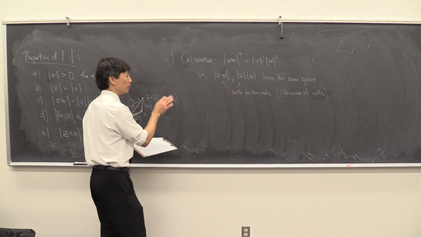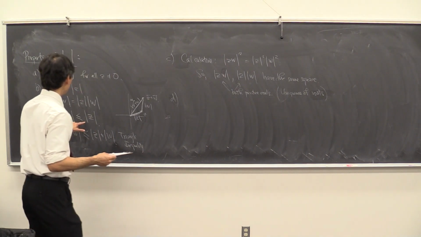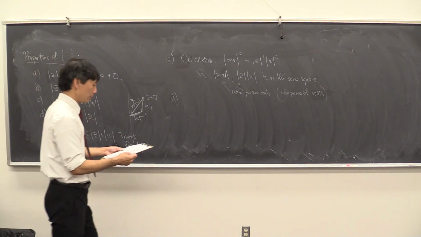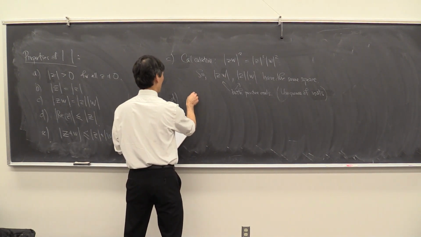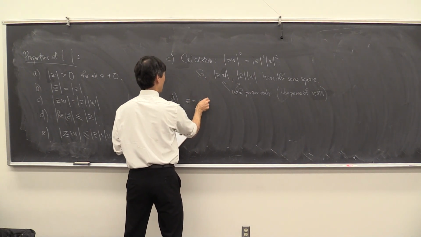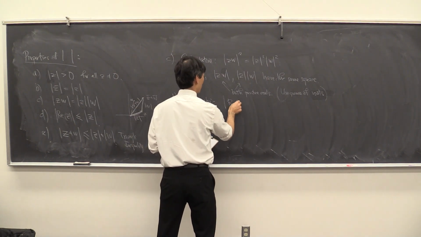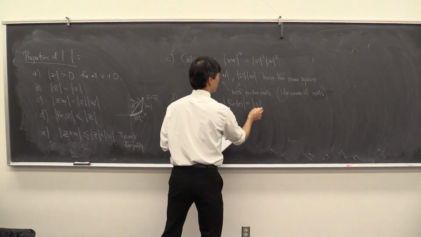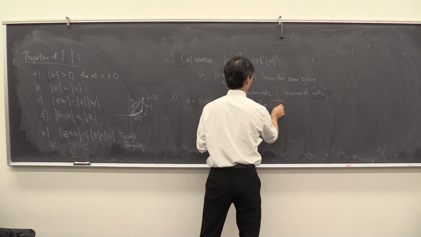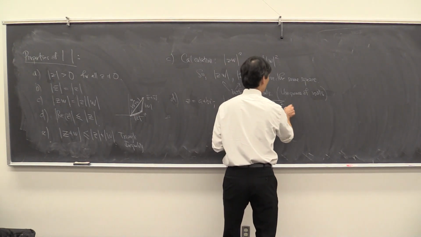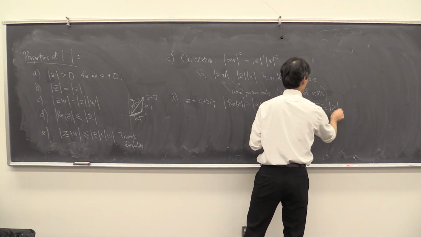Okay. So I just wanted to point out that in D, showing that the size of the real part is smaller than the size of the original thing, say, well, look, if z equals a plus bi, then the absolute value of the real part is, of course, the absolute value of a, which is the square root of a squared, which is less than or equal to the square root of a squared plus b squared, which is the modulus of z.